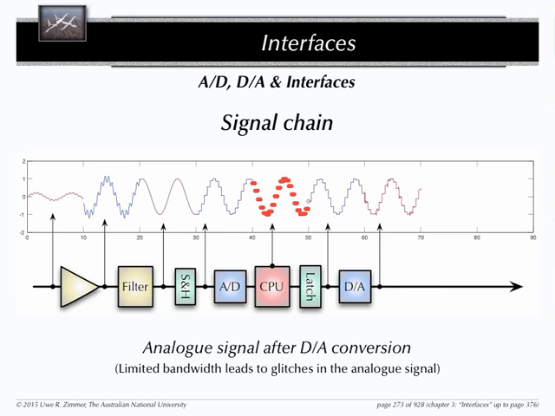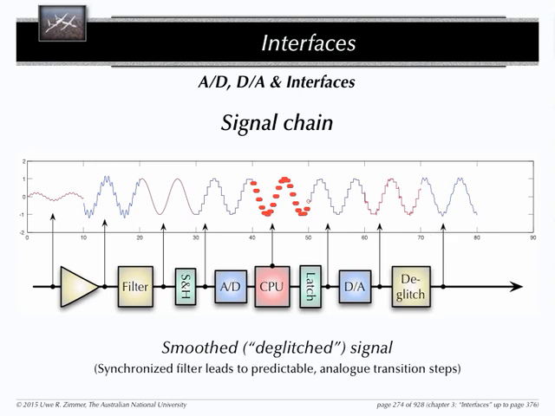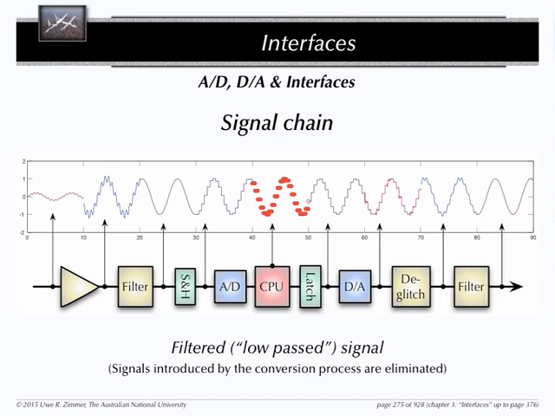So after the raw DA conversion, you need a deglitching stage, which is basically a low pass for very high frequencies, targeting particularly these glitching frequencies, and then you run it through an actual low pass usually to smooth it down to the original signal. Lots of conversion stages are happening there, and a lot of them are electronics.